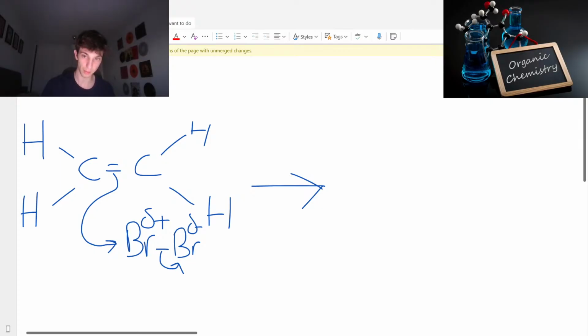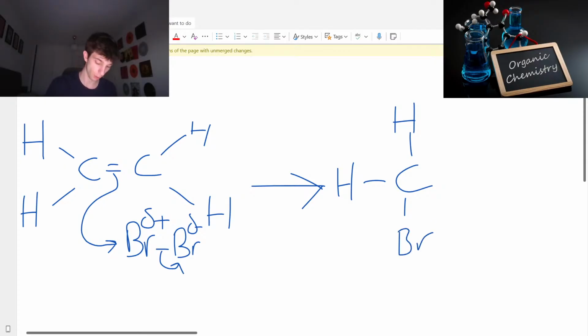Just drawing out all these mechanisms here, guys. So from here, because we don't need to worry about major and minor products because we don't have a more stable carbocation, we form our intermediate, a carbocation intermediate, because we had that curly arrow going to a partially positive bromine, because curly arrows go from areas of high electron density to areas of low electron density.